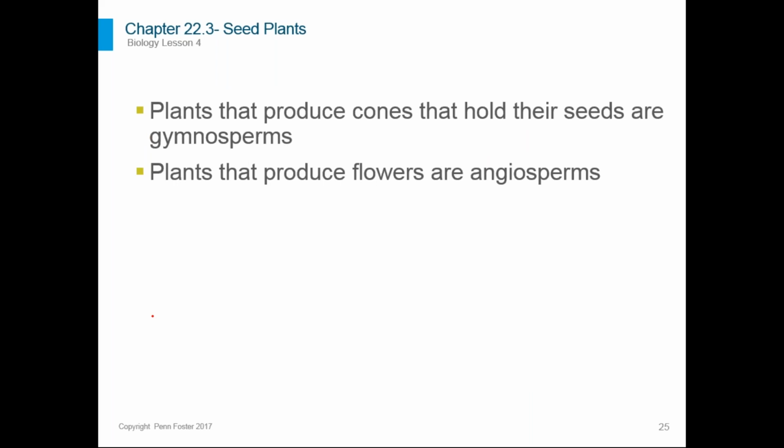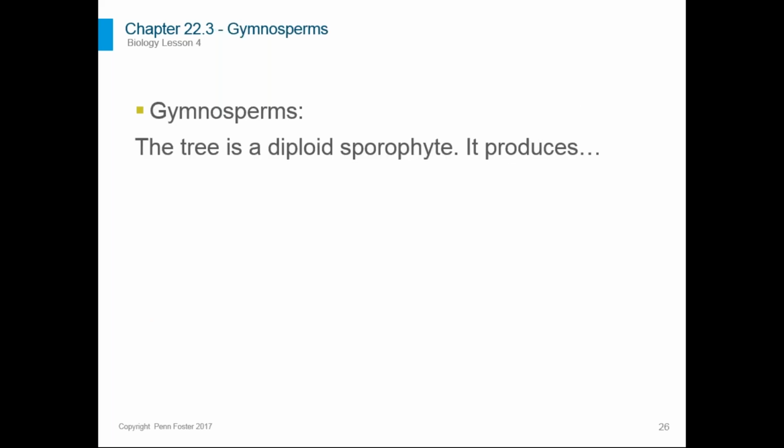Plants that produce cones that hold their seeds are called gymnosperms, and plants that produce flowers are angiosperms. So we already learned that, but just really important that you remember them. In gymnosperms, the tree is a diploid sporophyte.